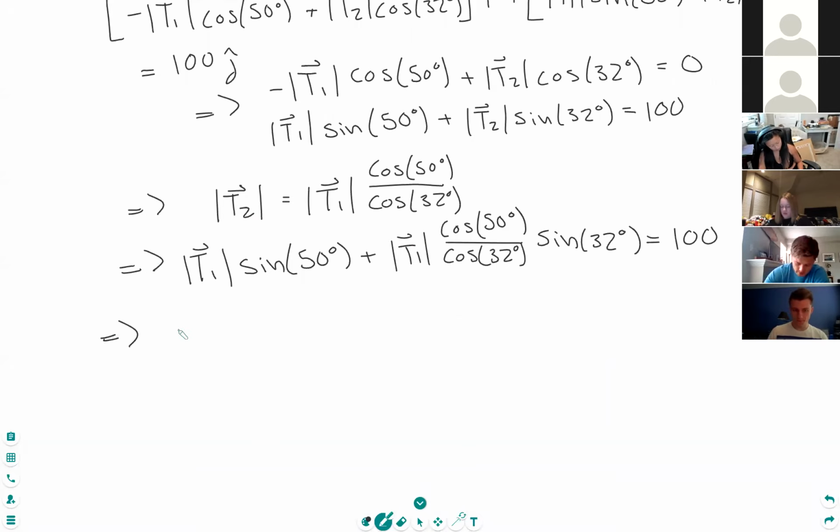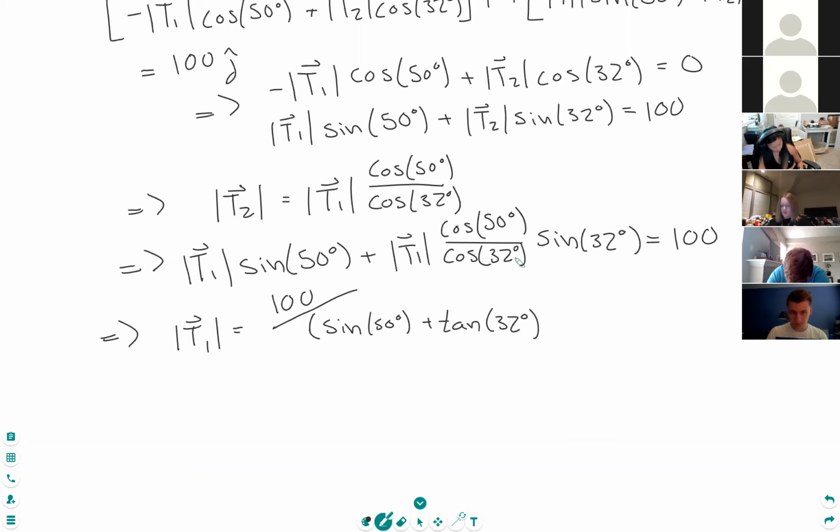So we have that T1, or the magnitude of T1, is equal to 100 divided by sine of 50 degrees plus tangent of 32 degrees. That's what the sine over cosine here is.